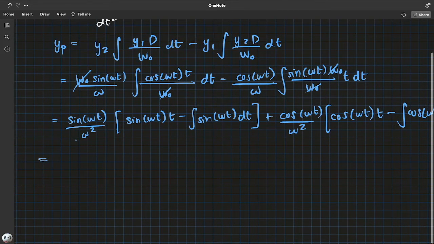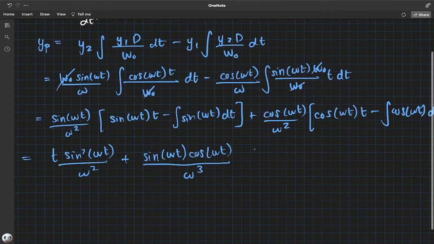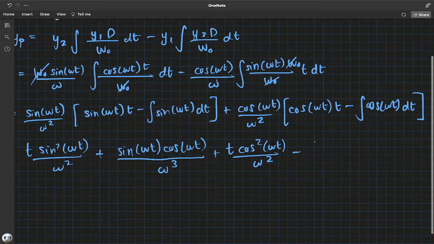So now let's see what we have here. So we have t times sine squared omega t over omega squared, minus will be a plus, so omega t cosine omega t divided by omega cubed, plus t times cosine squared omega t divided by omega squared minus cosine of omega t times the sine of omega t divided by omega cubed.